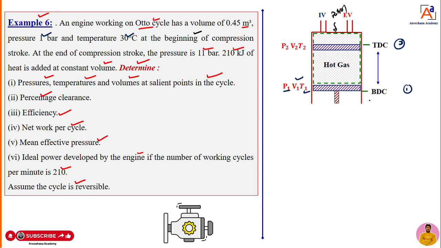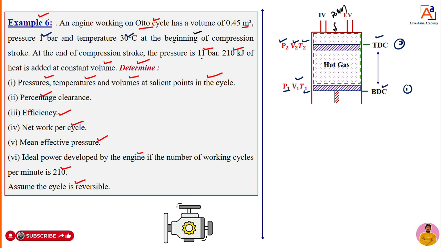That means beginning of compression. Once the piston reaches from BDC to TDC, whatever the air fuel mixture is there will get compressed. Once it's compressed, the pressure is going to increase. When the piston reaches point 2, the pressure at point 2 we mark as P2, volume as V2, and temperature as T2.